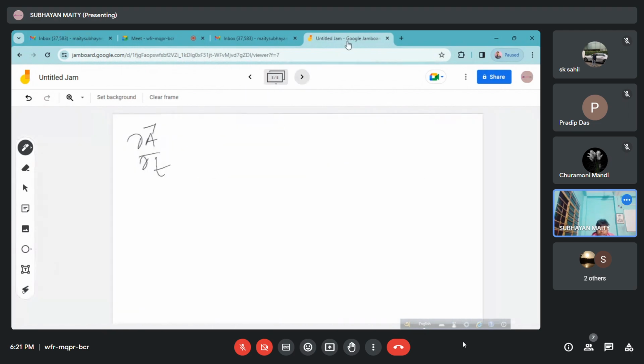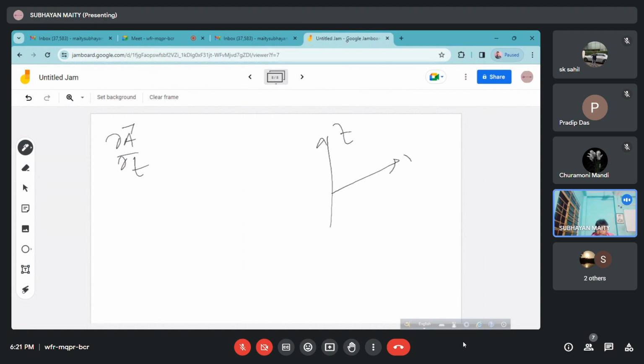This one was z axis, this is r cap, and this is theta cap, which will be perpendicular to r cap. So you can write z cap is equal to r cap cos theta minus theta cap sin theta.